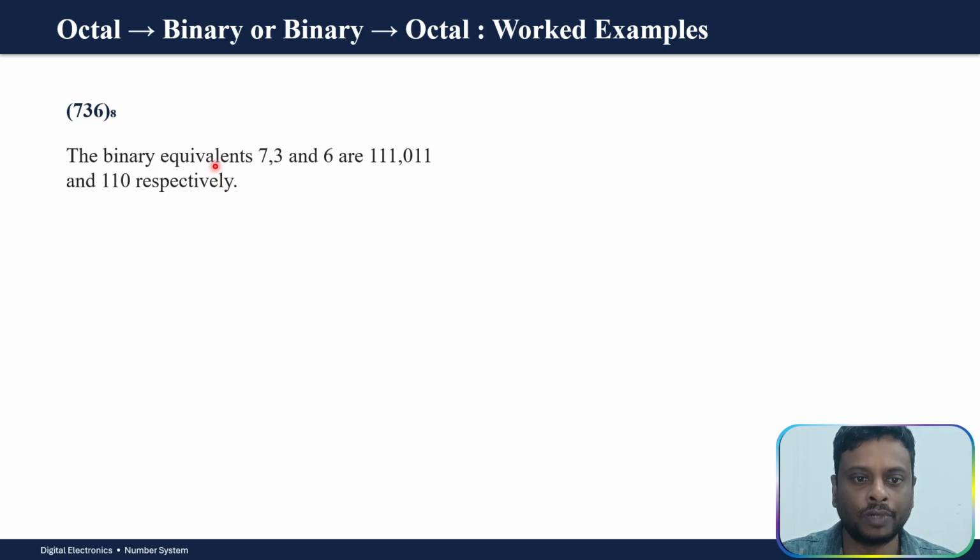So you have to find out the binary equivalent of these digits 7, 3, and 6 in terms of 3 digits. Then combine. So this 111 is for 7, this 011 is for 3, then this 110 is for 6.